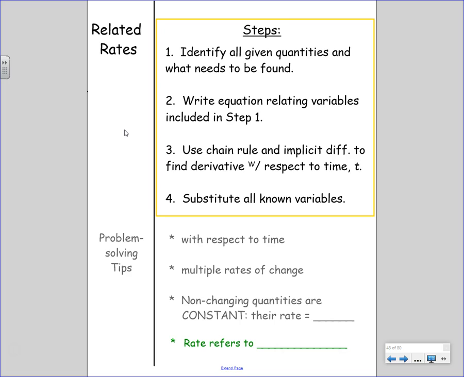If it's a problem that doesn't relate volume, will they give us an equation? On the AP, they have been nice with giving specific formulas, but there are ones like volume of a cube or a rectangular solid, area of a circle, circumference of a circle, volume of a sphere.